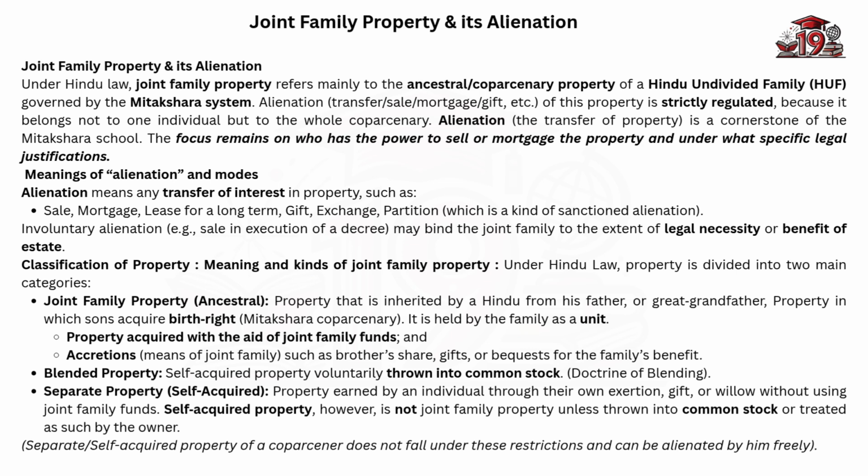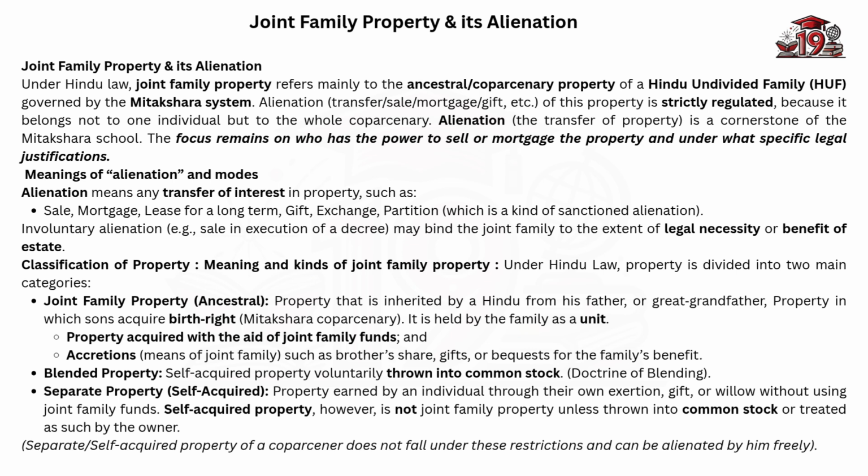Classification of property, meaning and kinds of joint family property. Under Hindu law, property is divided into two main categories. Joint family property: ancestral property that is inherited by a Hindu from his father or great-grandfather, property in which sons acquire birthright.